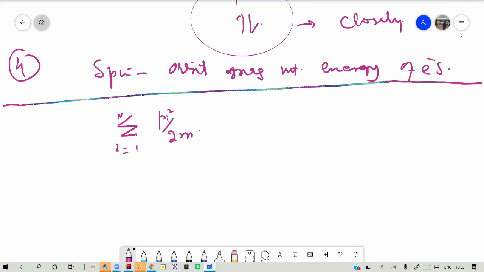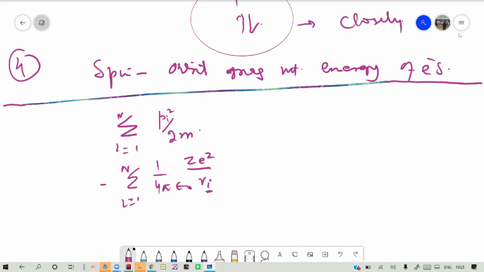Then we have another term, sum i equal to 1 to n, which is negative, actually an attractive potential between nucleus and electron, where the position vectors of the electrons with respect to the nucleus are r_i, for the ith electron.